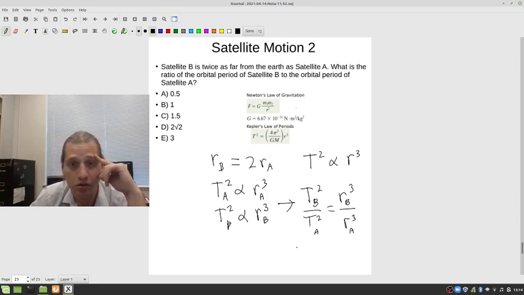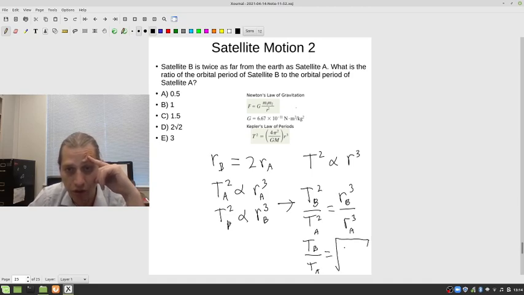So this would lead you to T_B over T_A, you have to take the square root, is going to be the square root of r_B cubed over r_A cubed.